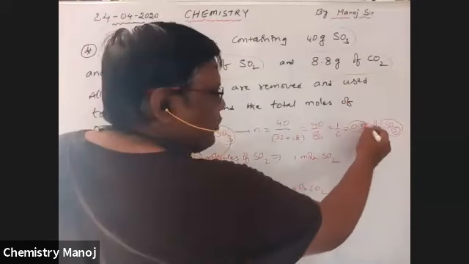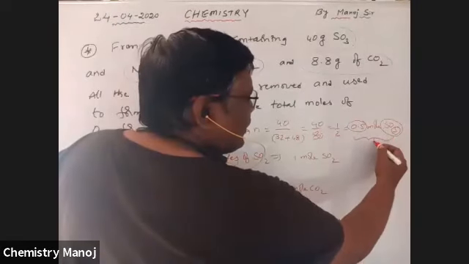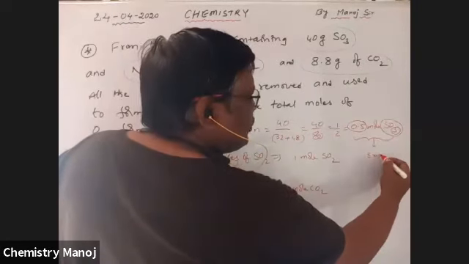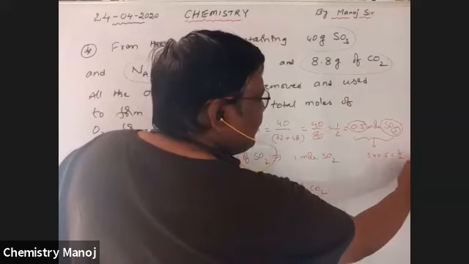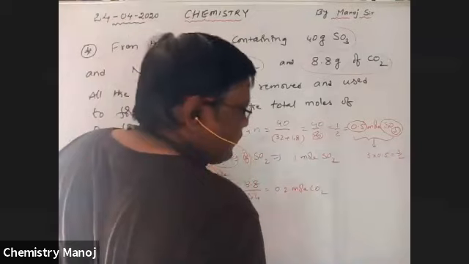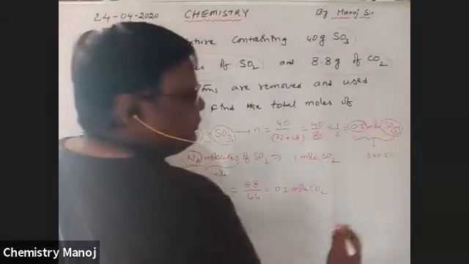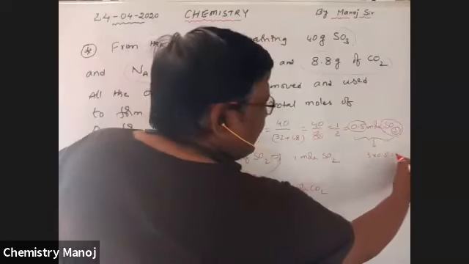So 0.5 moles contains, therefore, the number of oxygen atoms equal to 3 into 0.5, which is 3 into 1 by 2, so 1.5.